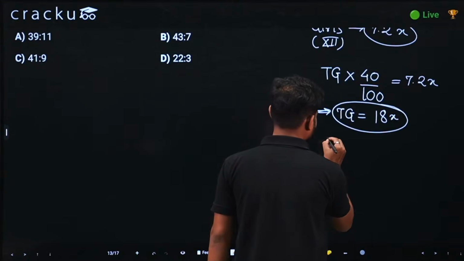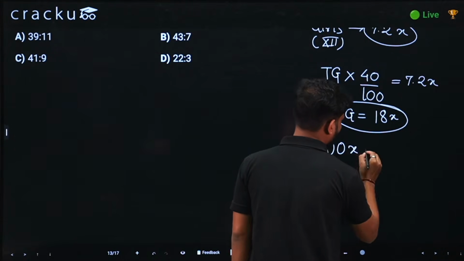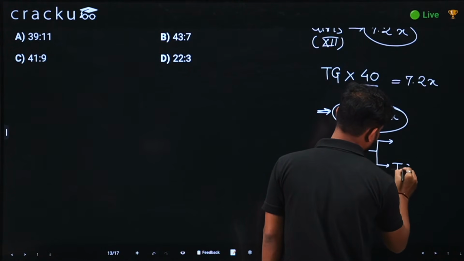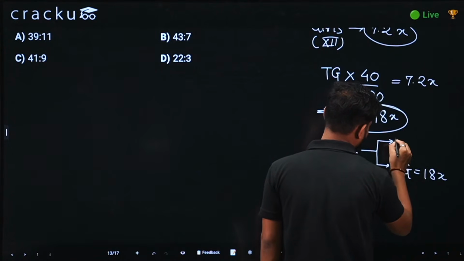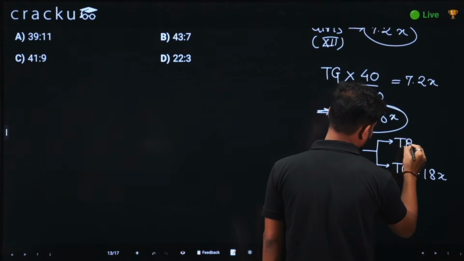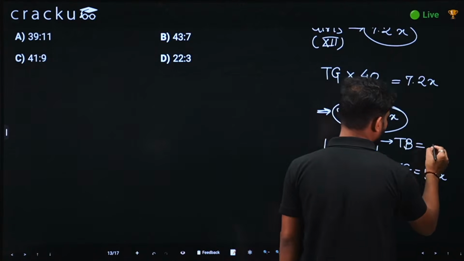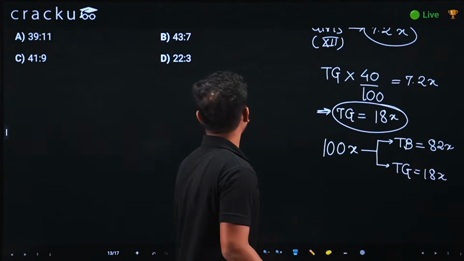And how many students were there? There were 100x students. Out of them, the total number of girls is 18x, so the remaining will be boys. The total number of boys will be 100x minus 18x, which is 82x. What are we asked?